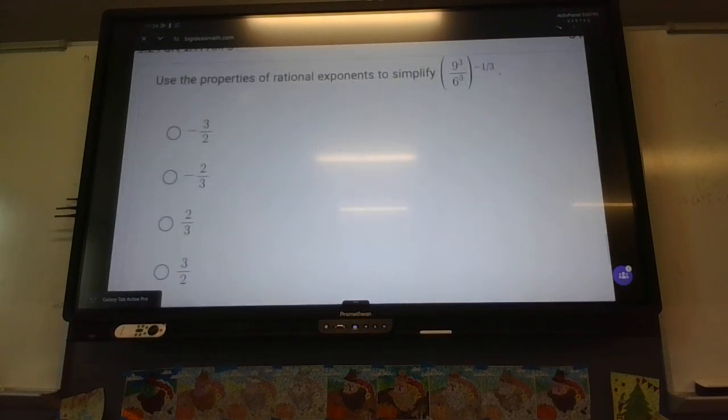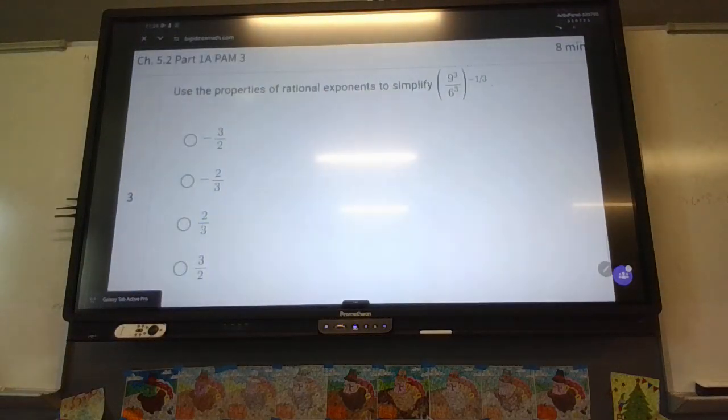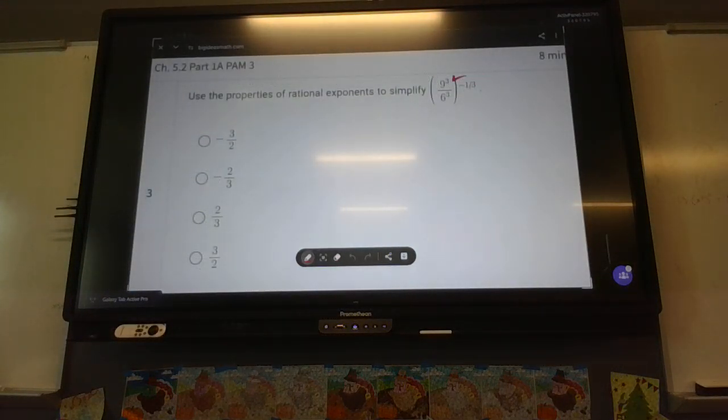Okay, now this one's definitely looking more difficult. We're going to rewrite this because it has the same exponent as 9, 6, and then put the 3 outside because that's equivalent.